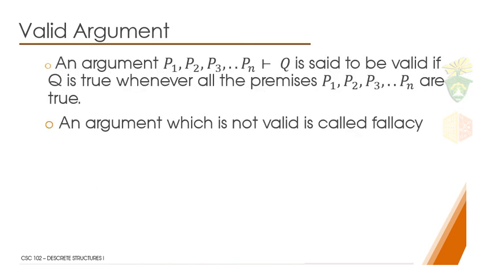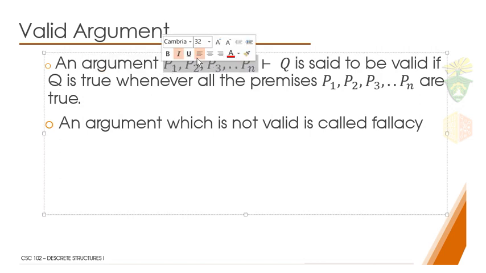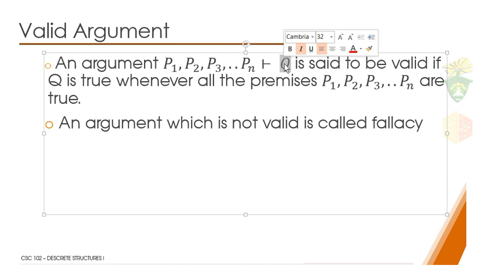So we have what you call the valid argument and the fallacy. If our argument is valid, then we say that the truth of the propositions and its conclusion should always be true. If the premises are true but our Q is false, then that is not a valid argument anymore.